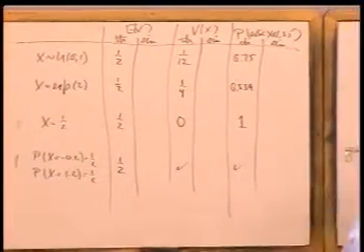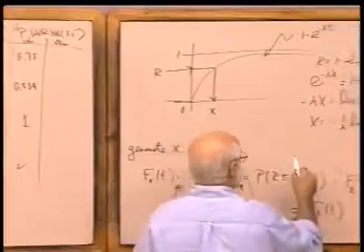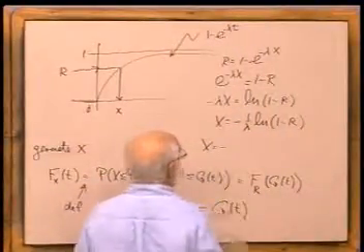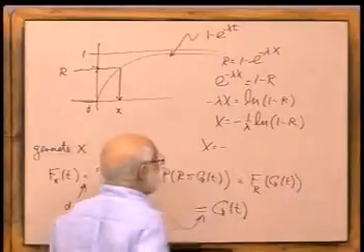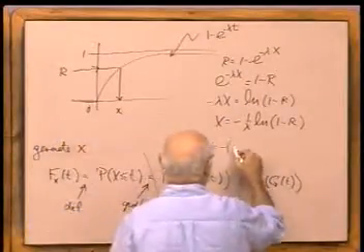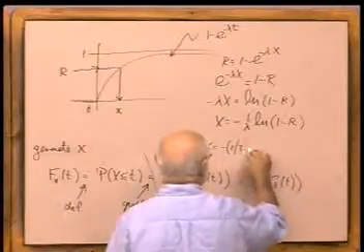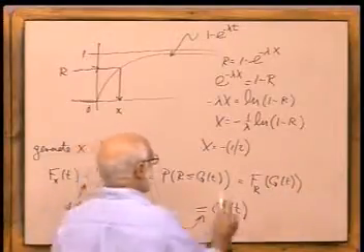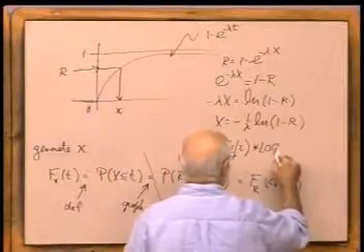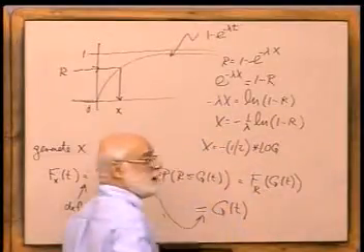So in BASIC, how would I write this instruction? X equals minus, let's see, we've got 1 over lambda. In our case, lambda is 2. So I would write it as minus 1 over 2 times logarithm. In BASIC, the natural log is log.